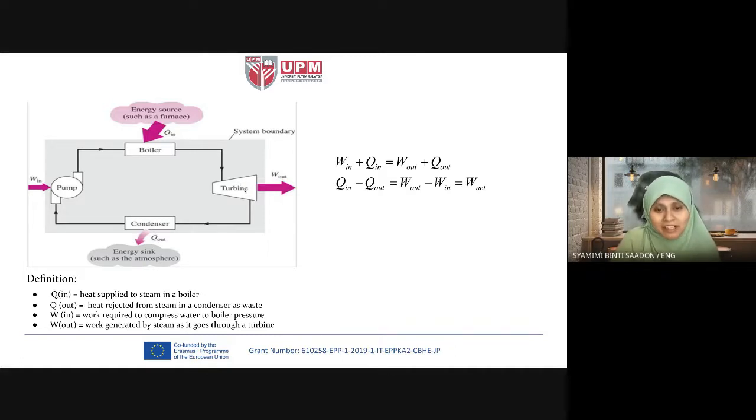So the turbine, with expansion, decreases the pressure and temperature, and the turbine can produce power output. This is the result that we want, the desired output from our whole system.